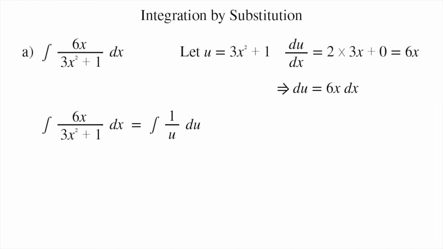We know that this integral is just the standard one, and it's equal to ln mod u plus some constant of integration, c. Now that we've done the integration, we must change u back to the original variable, x. So we get ln mod 3x squared plus 1, because that's what u equals, plus some constant of integration, and then we're finished. Let's look at a second example now, which is a slightly trickier variation of the first.